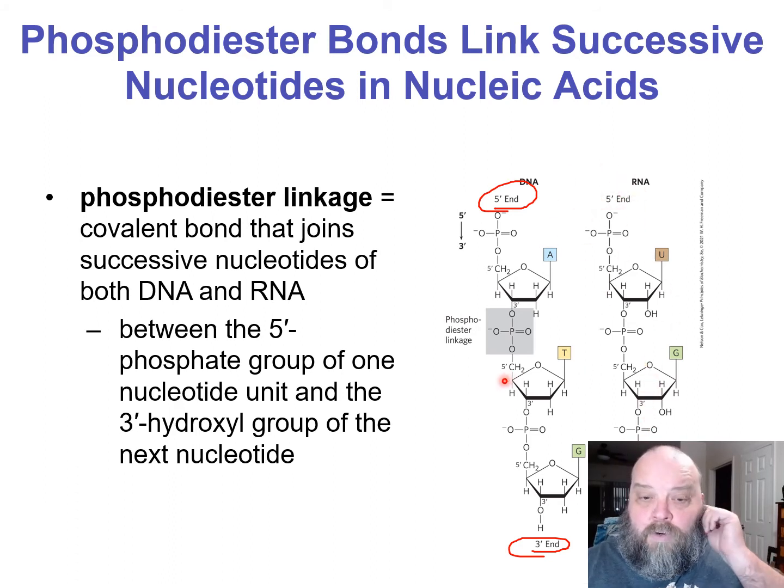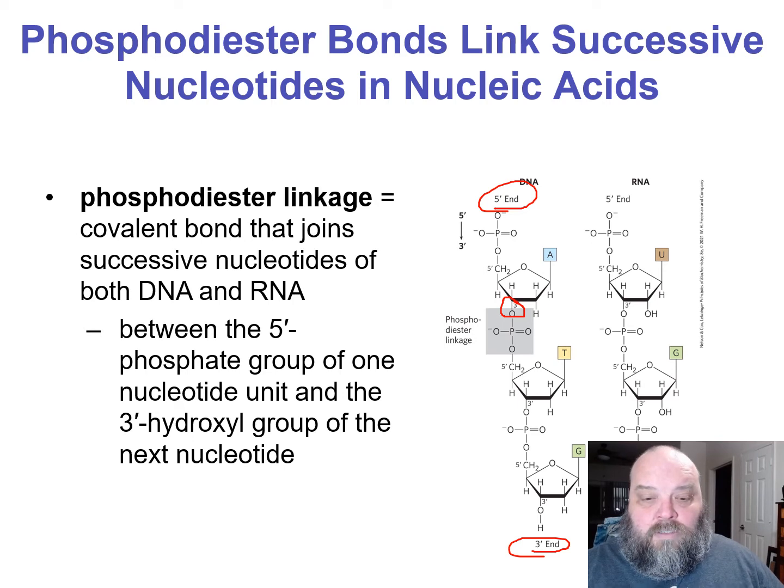Why is this also important? Well, this phosphodiester linkage right here. DNA polymerase or RNA polymerase is going to take the incoming nucleotide, and there's going to be a condensation reaction right there.